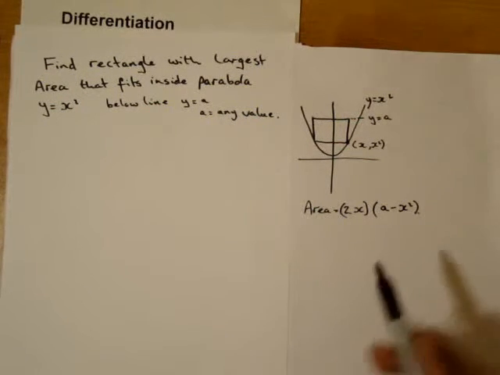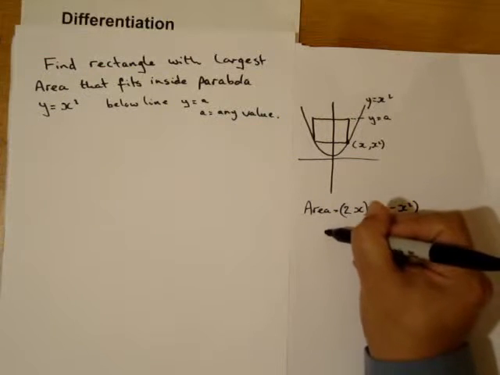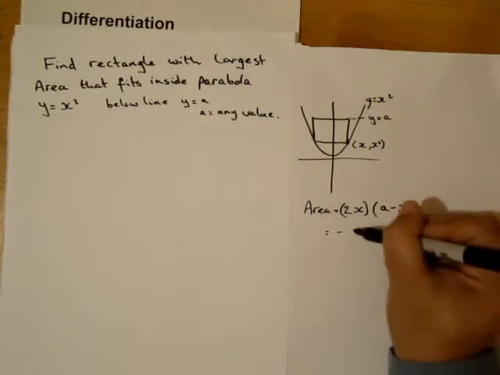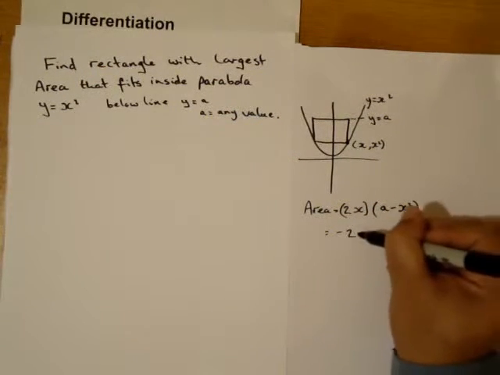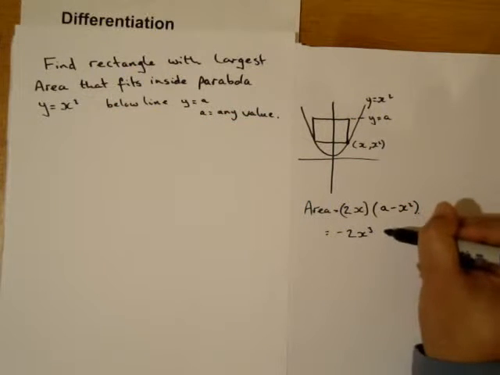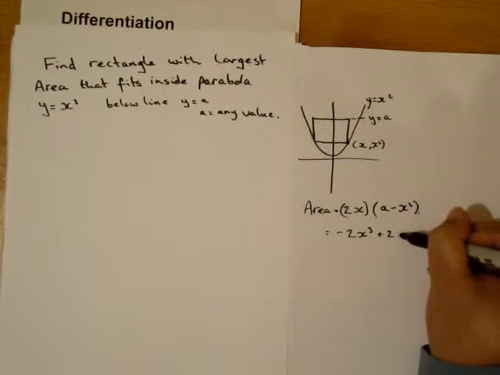So when we multiply out, we get minus 2x cubed plus 2ax.